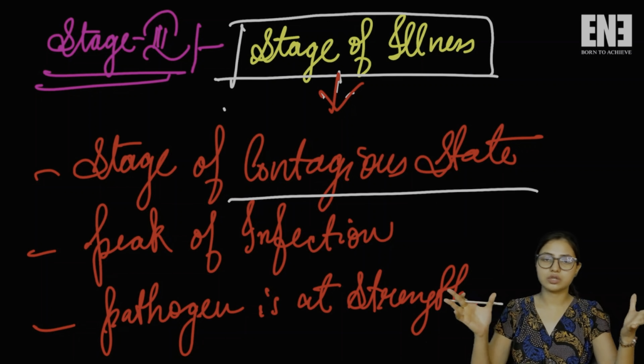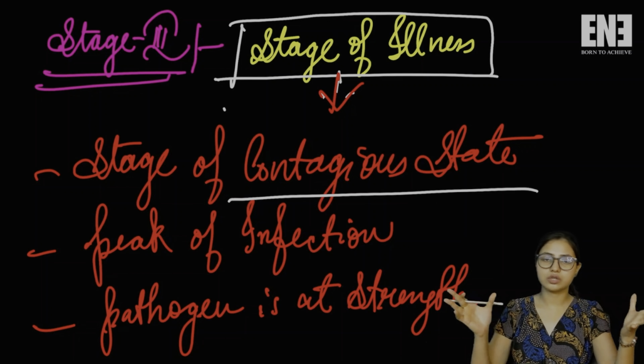At its peak, in the stage of illness, the symptoms are at their peak. Then it is getting reduced in the convalescent state, then it's the recovery. Basically this is the graph. Am I clear? ठीक है?